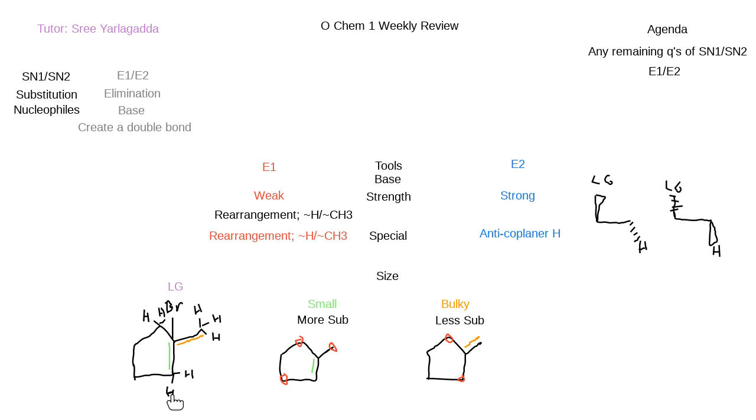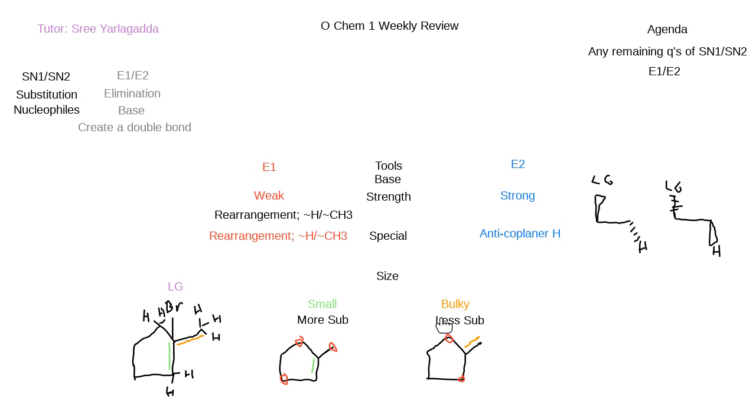Secondary hydrogens are more sterically hindered than primary hydrogens, because primary hydrogens are in the open, they're sticking out. If you are a small base, you have no trouble reaching those sterically hindered hydrogens. You can quickly go in, abstract an H, and get out, okay?